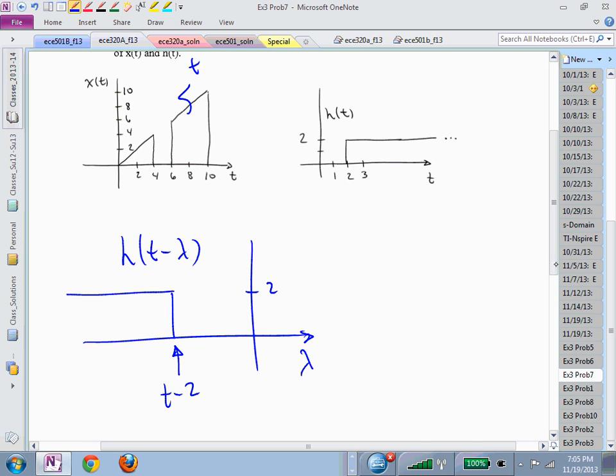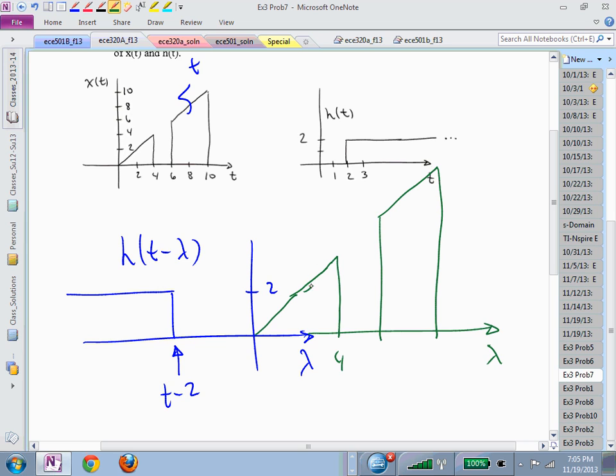So we're sliding this through this x of lambda. And x of lambda now goes up to 4, and then it starts again at 6, and then it goes up to 10. So this is now lambda, and this is lambda, but this is 4, 6, and 10.